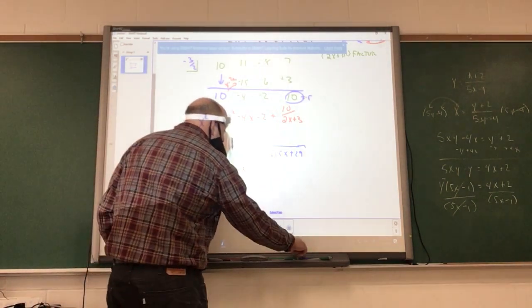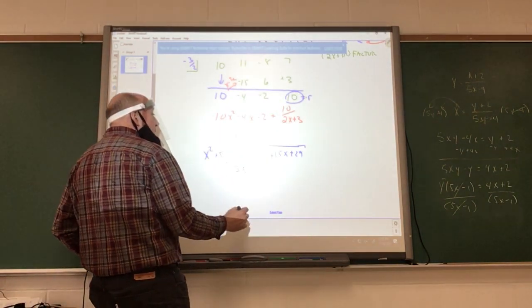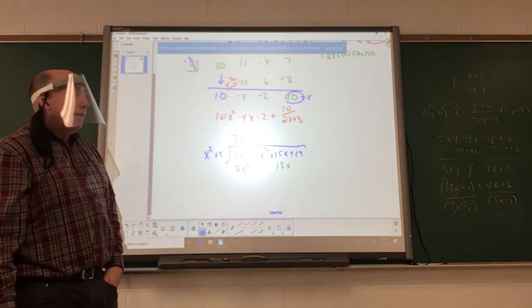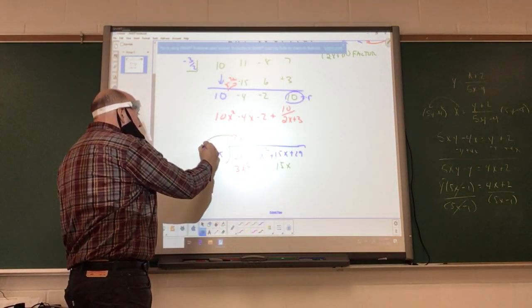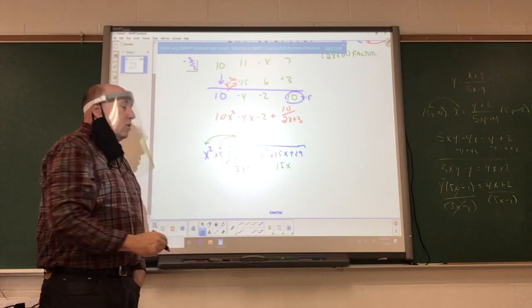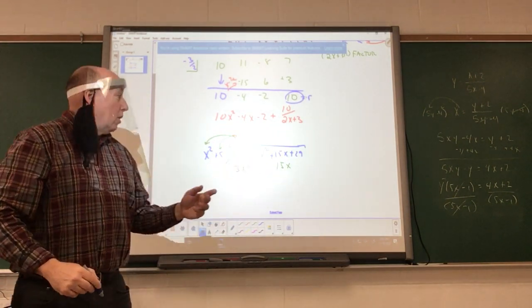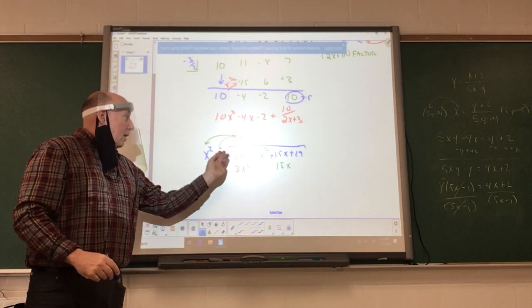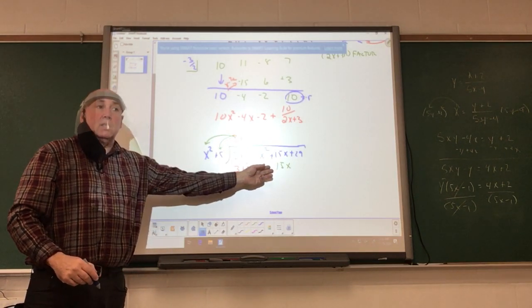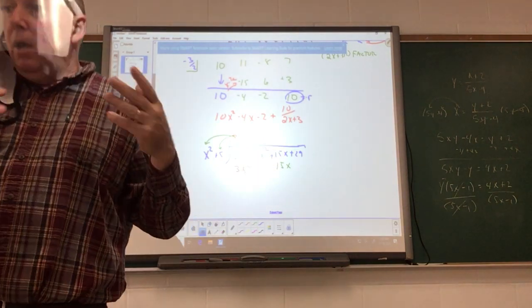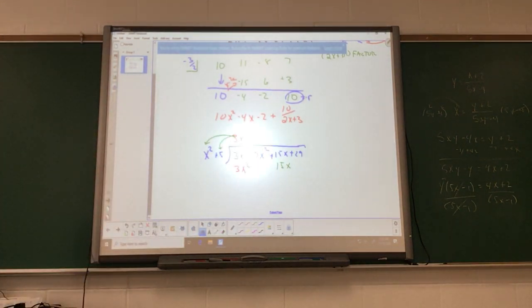That gives me a 15x, which comes over there. I need to take this and multiply it to both of our terms. It's not an x squared term. Okay, I have 3x times 5 gives me 15x. So the degree of the term sort of gives us like a place value there.